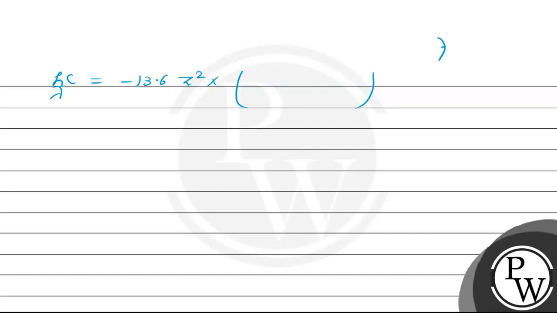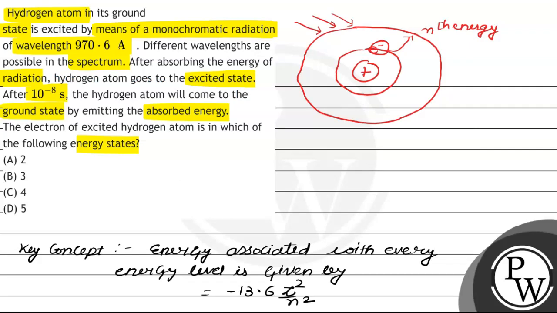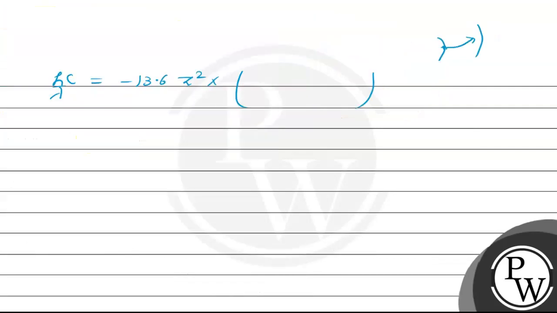Let's say this is excited from first energy level to nth energy level. I am taking initial energy level as first because electrons were present in ground state. So n final is n square minus 1 upon 1 square. This is n initial.